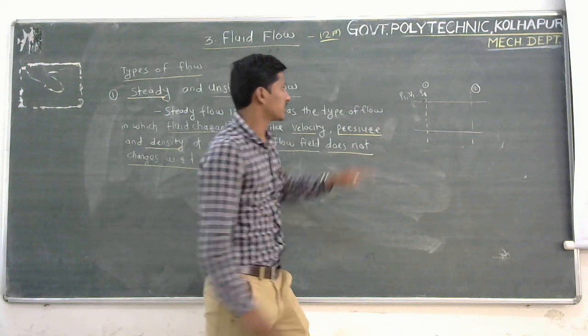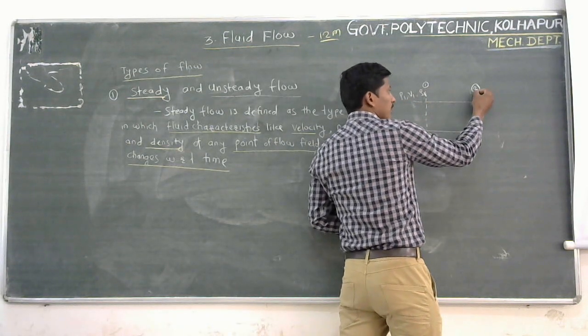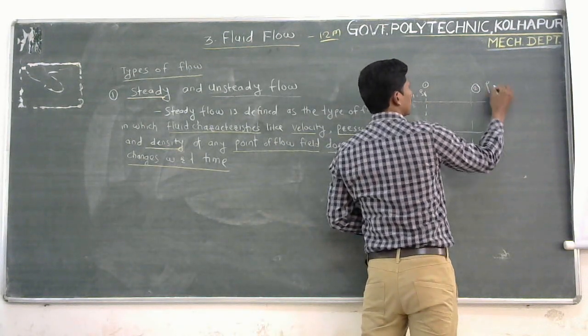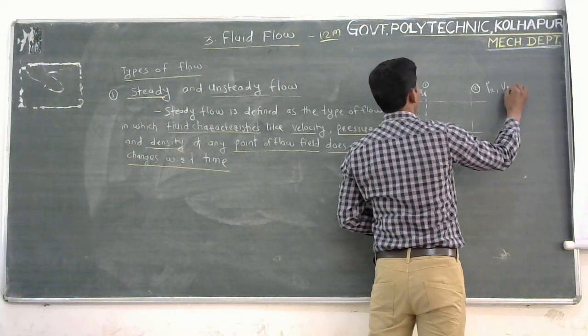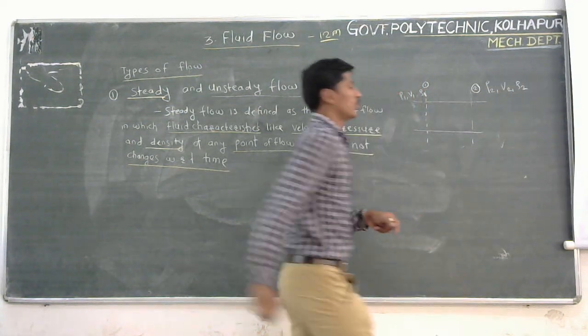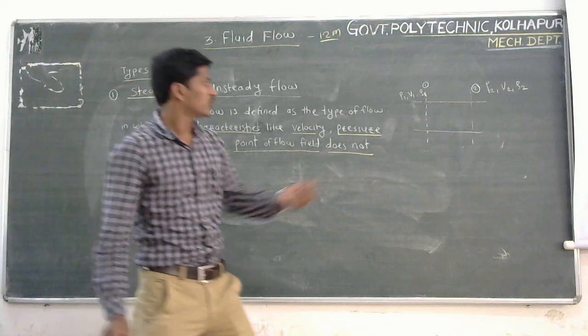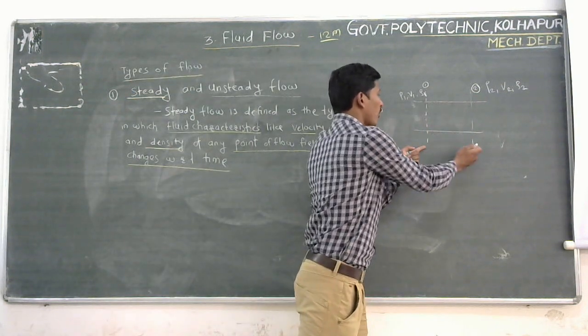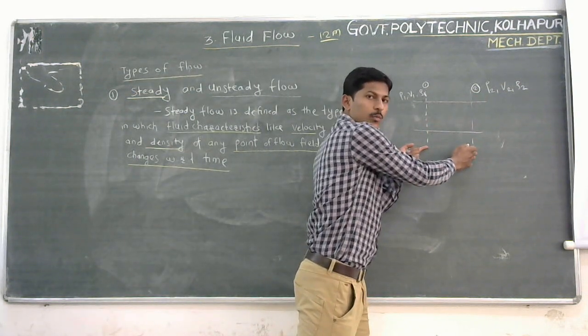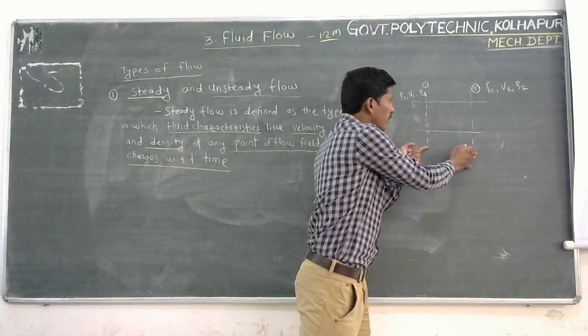These are the fluid characteristics. At section 2, the properties will be P2, V2, and ρ2. From point to point, properties are different.